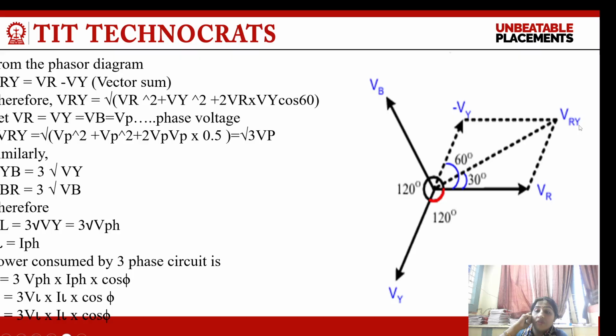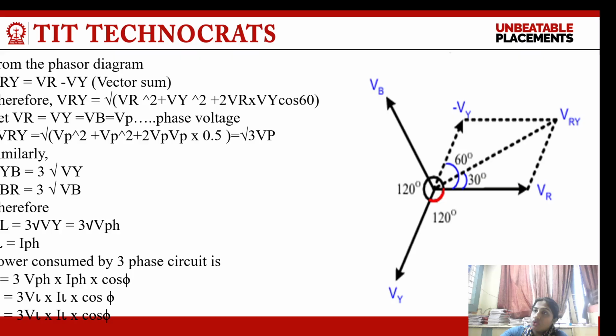Now, using vector analysis, I can say that Vr square plus Vy square plus 2 times the product of Vr and Vy cos 60, because the angle between the two vectors is 60 degrees, is going to give you the relation. And we consider that the star connection is in balanced condition. Balanced condition means that when your phase voltages are equal in magnitude and differ by equal angles, and the phase currents are also equal in magnitude and differ by equal angles, that condition is known as balanced condition.